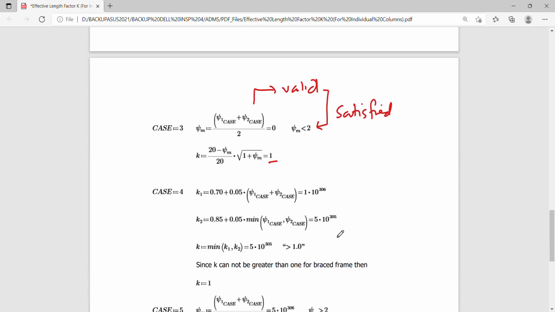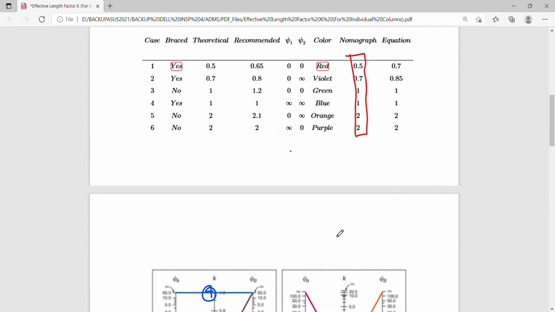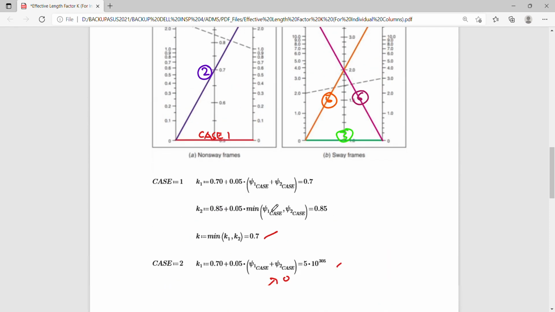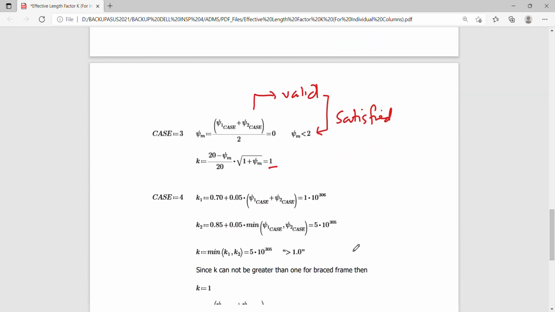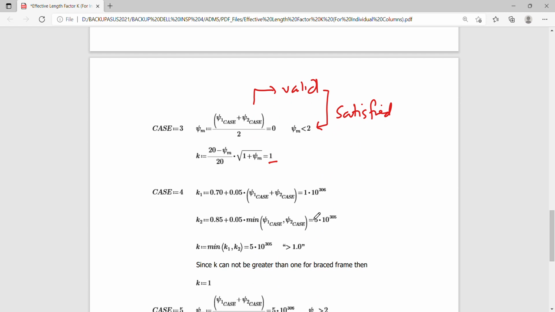Okay, for case 4 scenario, sorry, it's a brace condition. We again copy the formula of case 1 and case 2 such that we only take the minimum of the two options involved for determining K1 and K2.